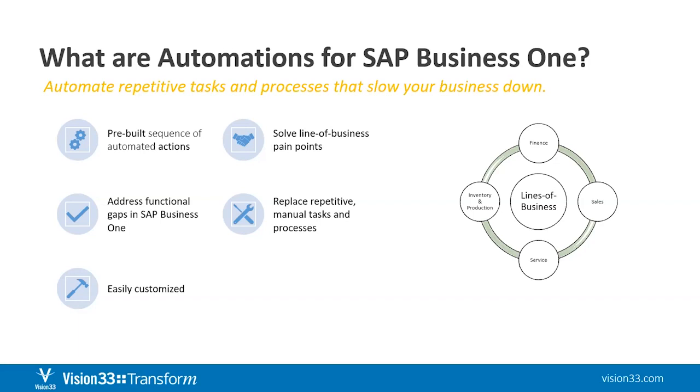Most of the logic for these automations is stored in B1 queries, and they can be easily customized using the customer's own logic without breaking the actual workflows. So these are simple, focused automations designed to address specific gaps within SAP Business One functionality.